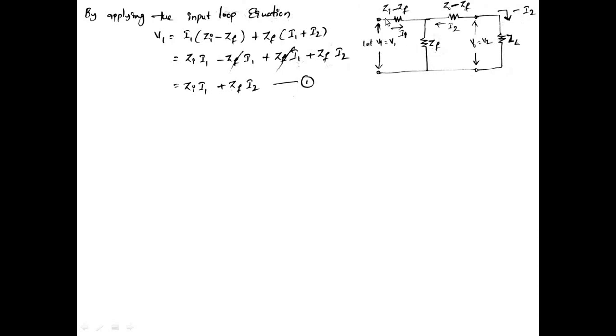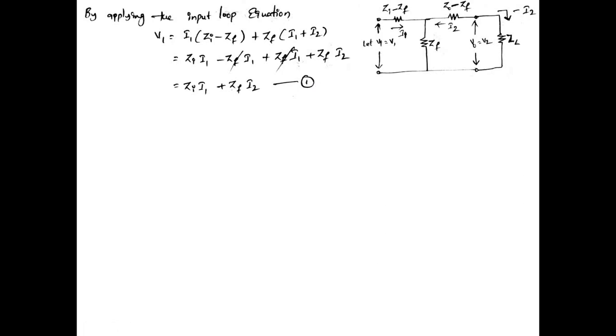So V1 is equal to I1 into Zi minus Zf plus Zf into I1 plus I2. You expand this: Zi into I1, minus Zf into I1, plus Zf into I1, plus Zf into I2. These two terms cancel, then we get Zi into I1 plus Zf into I2. Consider this as equation number 1.